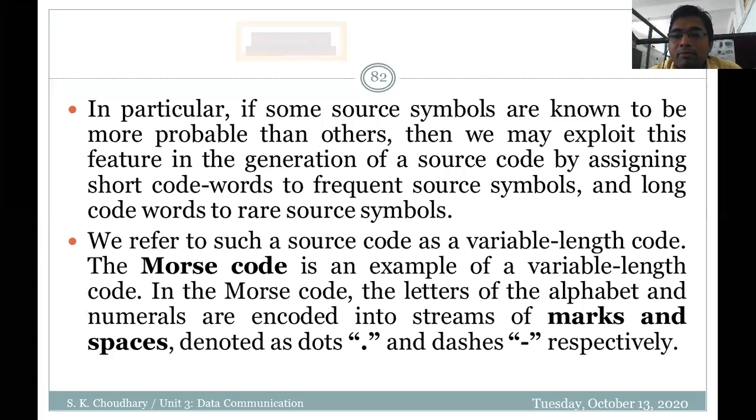For this, there is a very famous Morse code. Morse code is an example of a variable length code. In Morse code, the letters of the alphabet and numerals are encoded into streams of marks and spaces, denoted as either dots or dashes. Whatever alphabet we generally use, like the English letters A, B, C, D, or the numerals 0 to 9, is not represented directly in Morse code.